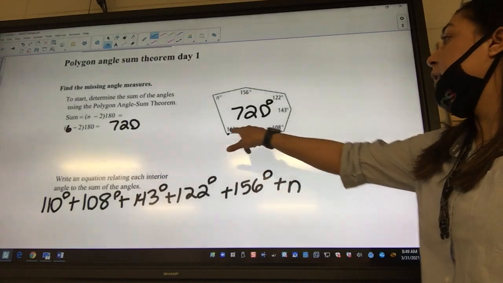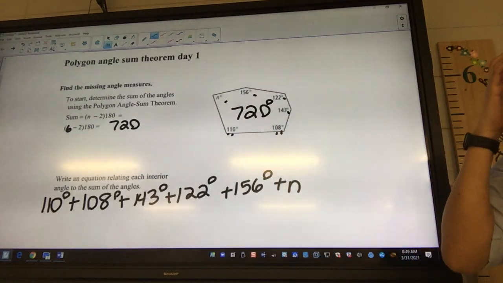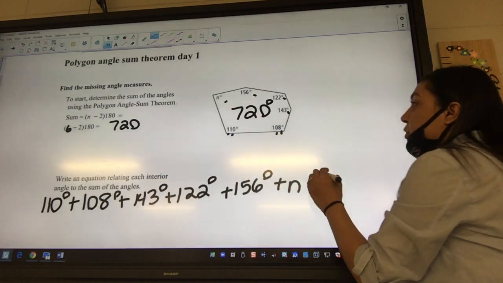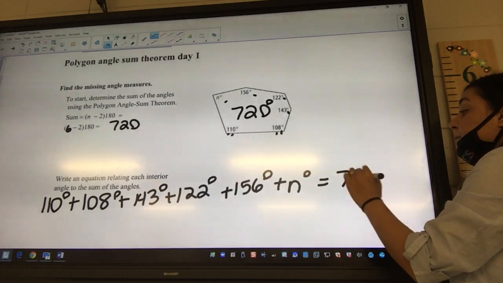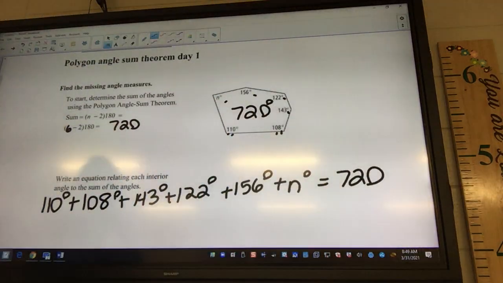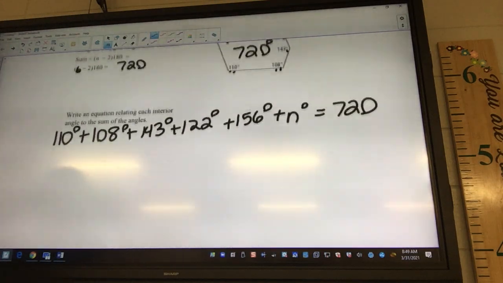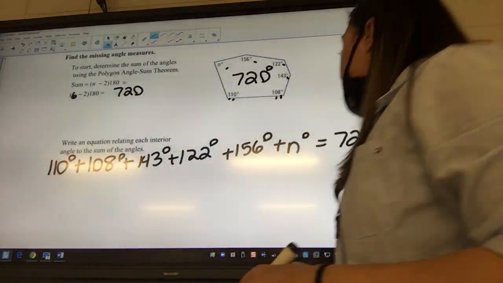All I'm doing is taking this one, plus this one, plus this one, for all 6 interior angles. And what should that sum up to be? What should it equal? 720. And so what is n? How do we figure out what n is? Add them all up together and then subtract from 720.